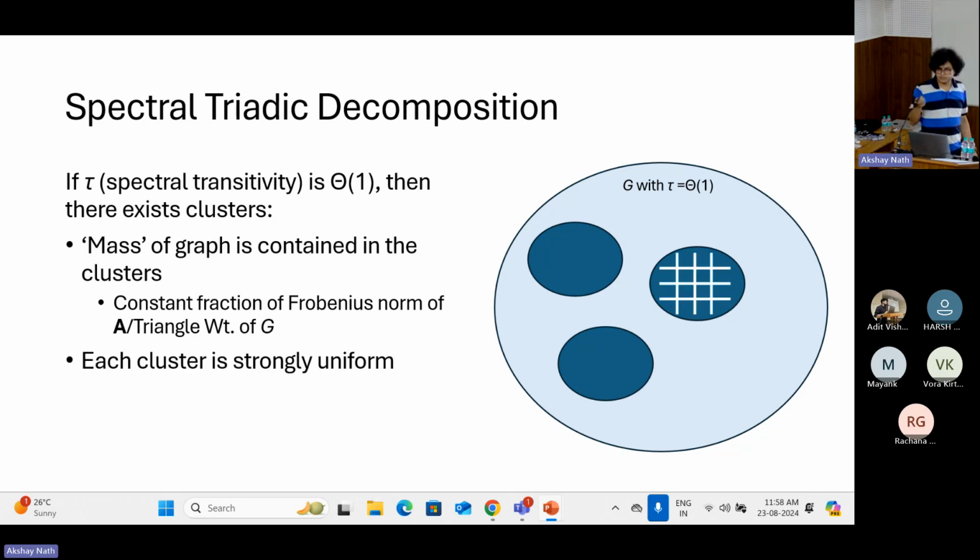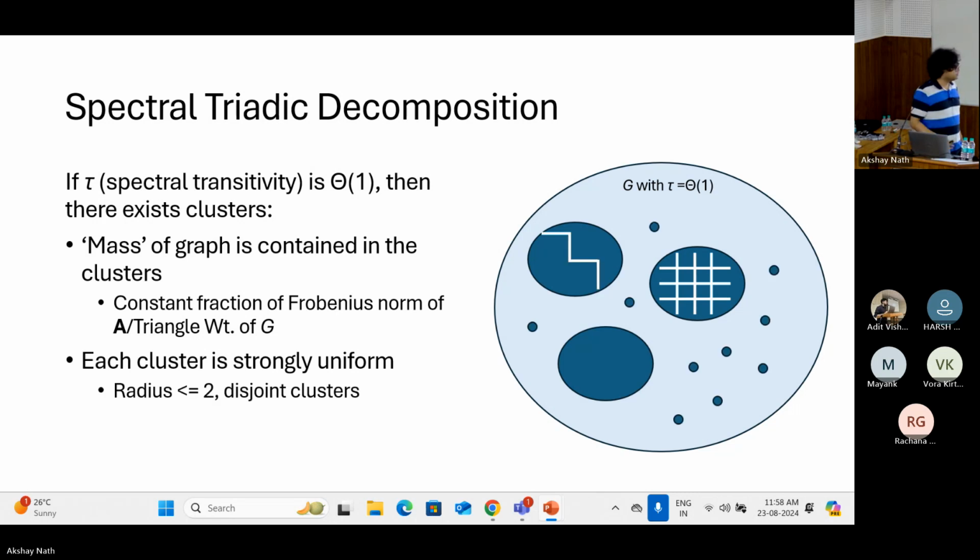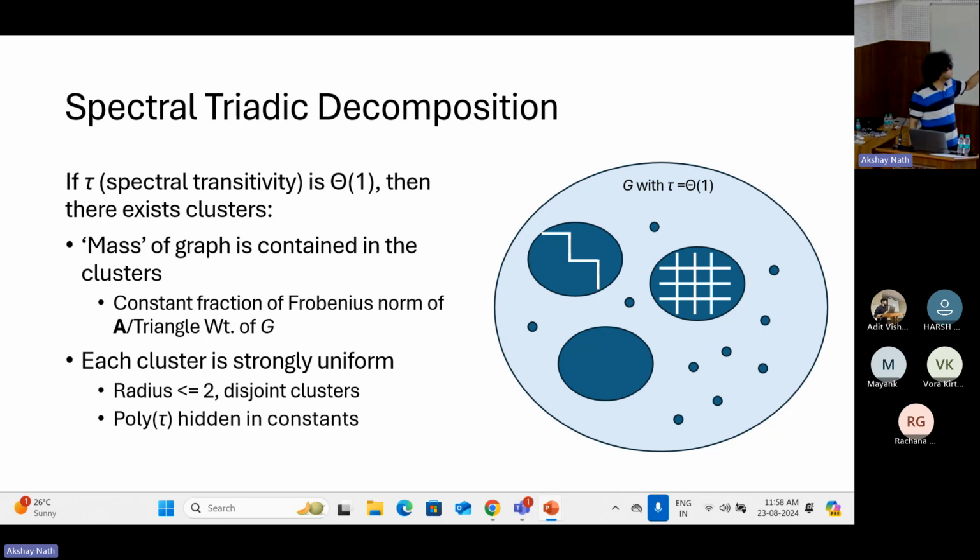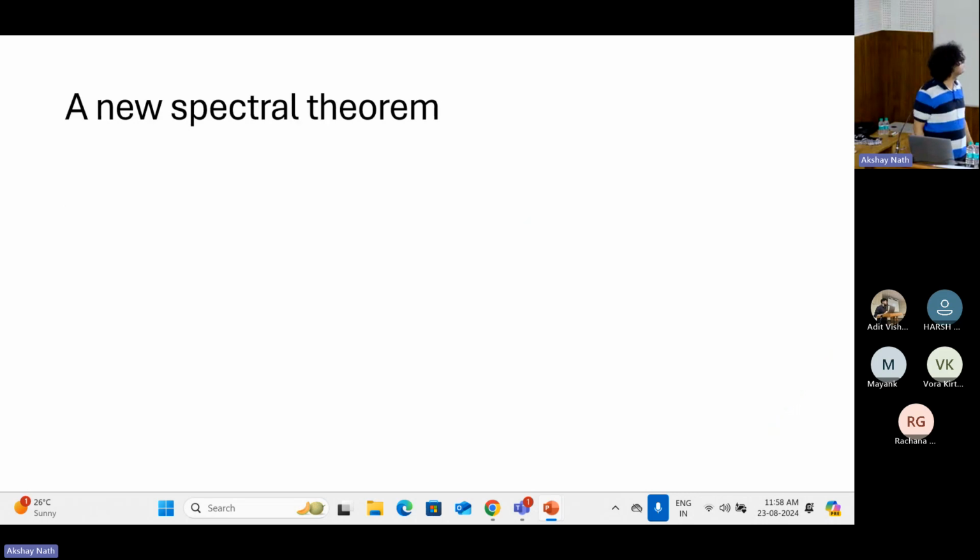Each cluster is strongly uniform. We also give an algorithm to find these clusters, and the output is going to have radius at most 2. There's poly tau hidden inside the constants, so that's why we need tau to be theta of 1. Everywhere you see a theta, put a poly tau somewhere, and that's why that bound is required.